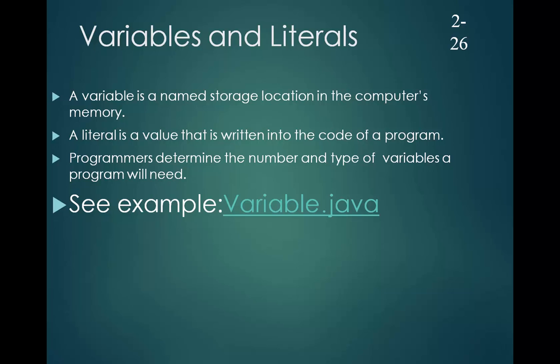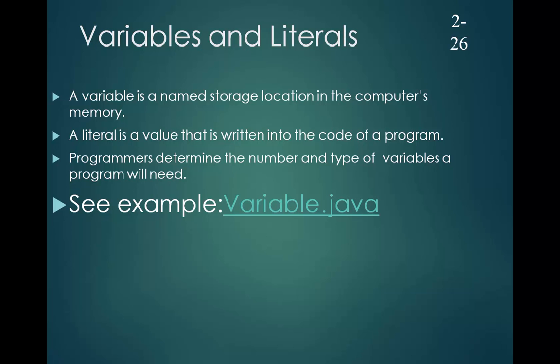Okay, we've discussed this a little bit already. A variable is a named storage location. As we've seen, there's a need to store data in any program. So we accomplish that by naming a location, associating a name with that storage, and then putting data in that location and retrieving data from it.